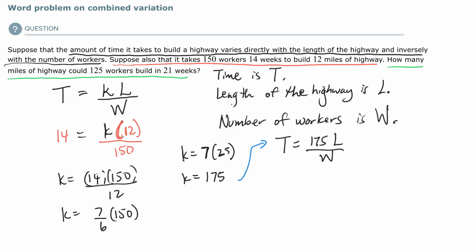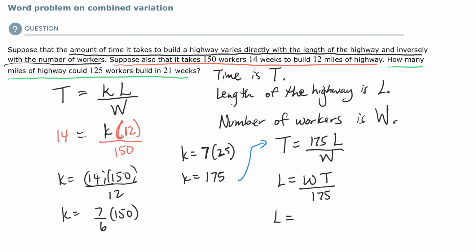How many miles of highway could 125 workers build in 21 weeks? So we're trying to find L. Let's solve for L. L is going to be what? W times T divided by 175. Let's substitute. What's L?